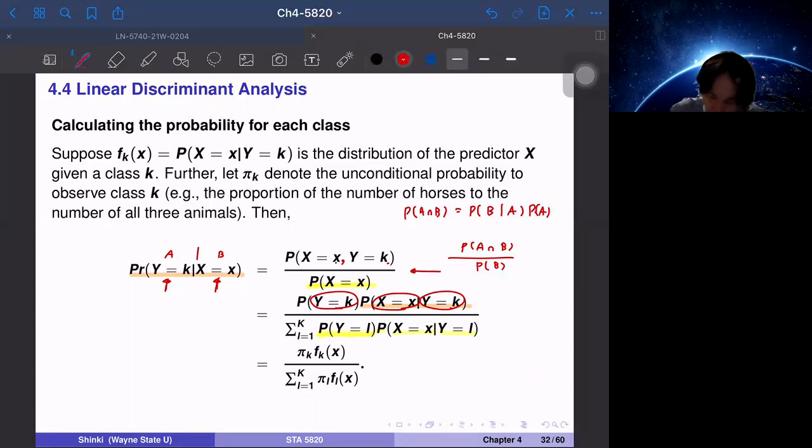So this is the summation of the probability of X equal to x and Y equal to l, where l is unknown, from 1 to k. This is also represented like this.